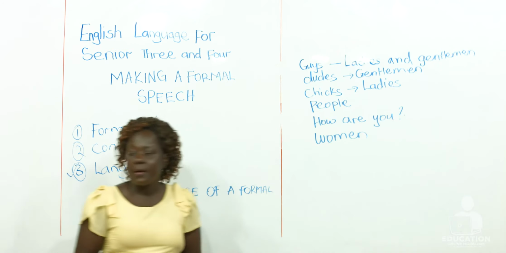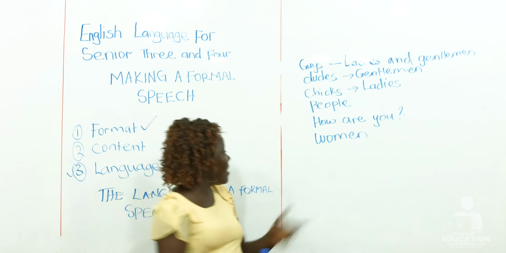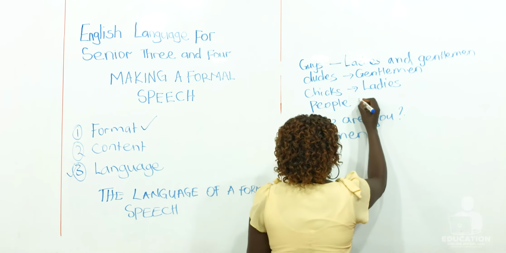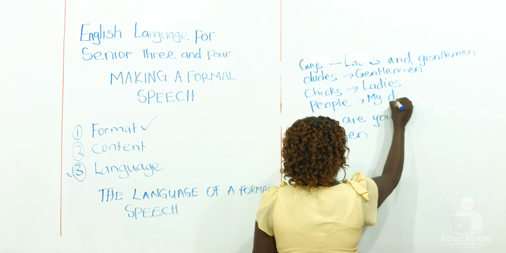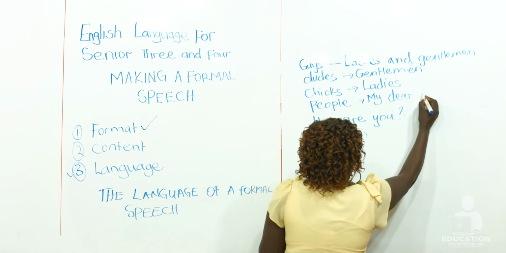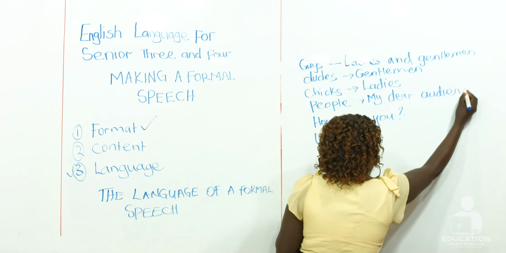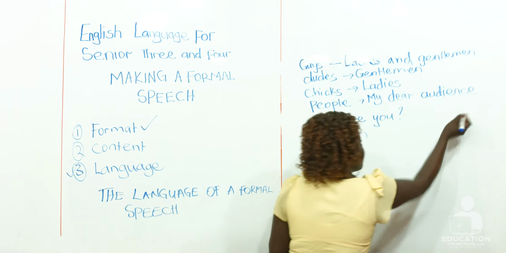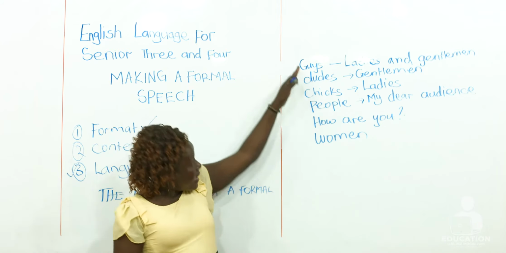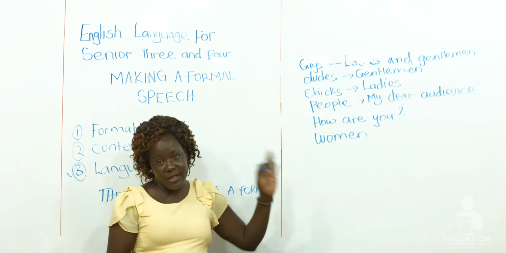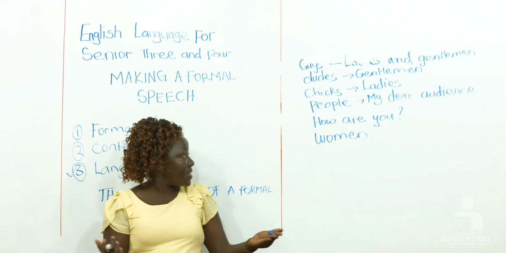Instead of saying the people of South Sudan, you can just say, my dear audience. Audience means listeners, the people who are gathered there. I told you these words are correct, but the problem is informality, which is not accepted.